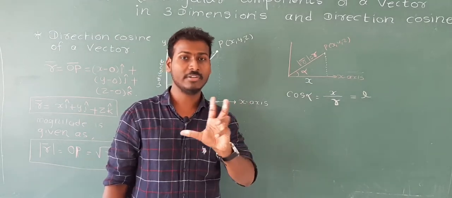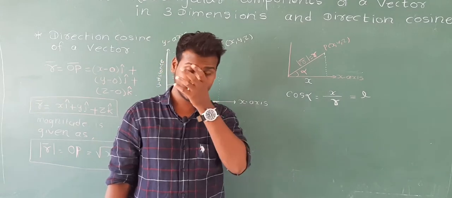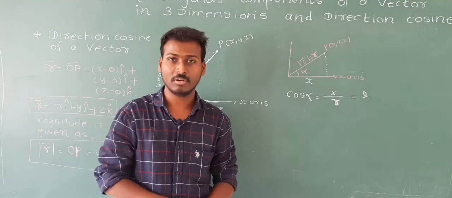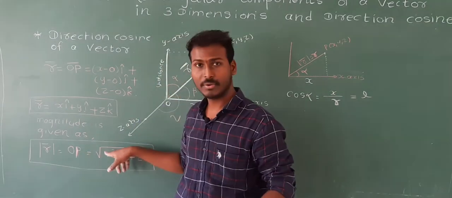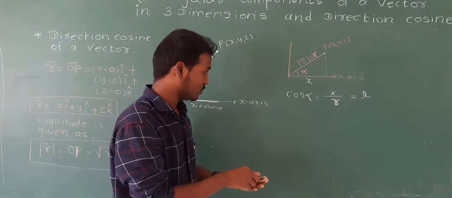The position vector will be given, or if they don't give it, we have to find it first. After that take its magnitude. How to find the magnitude? You know that, just take the square root of x square plus y square plus z square. So this is our first direction cosine.